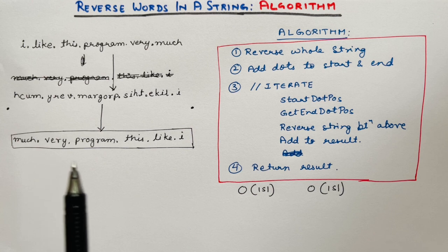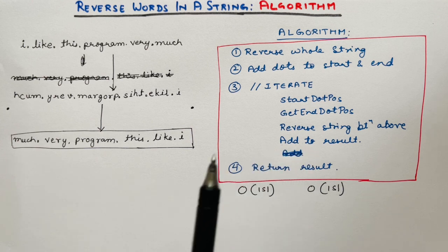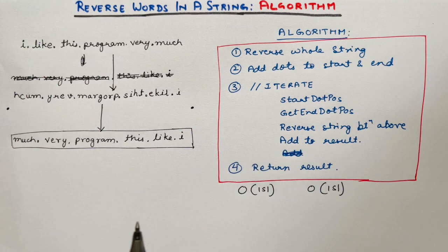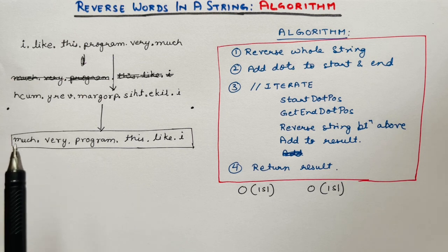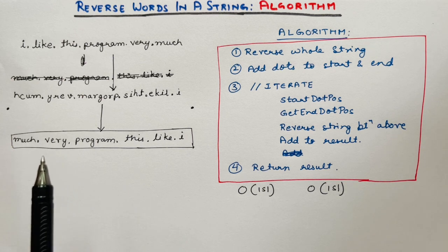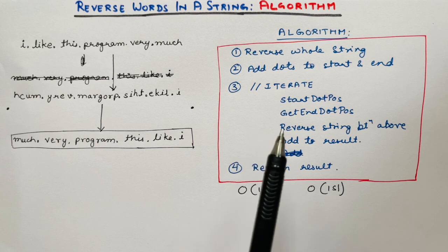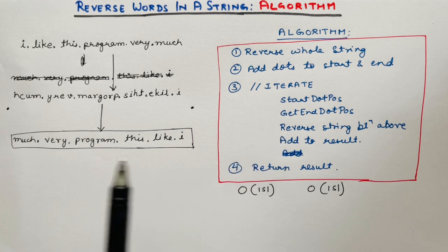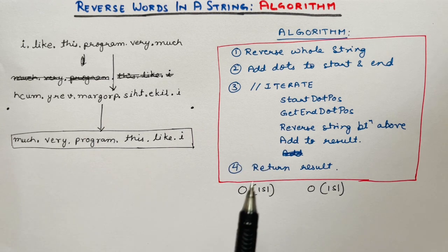So we will reverse the string between these two dots using the method that we discussed in the previous slide. Then there will be an ongoing result string. So we will add this reversed part of the substring to our ongoing result string, and finally we will return the result. The time complexity for this will be big O of length of string, and space complexity will also be big O of length of string.